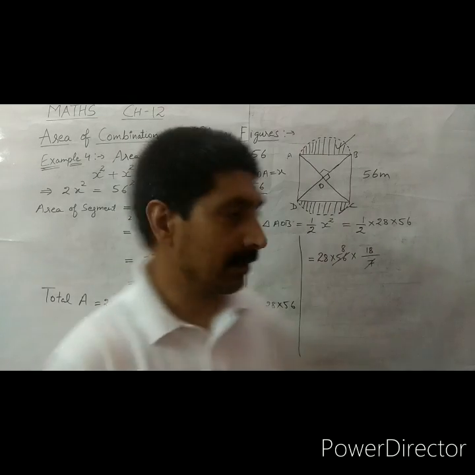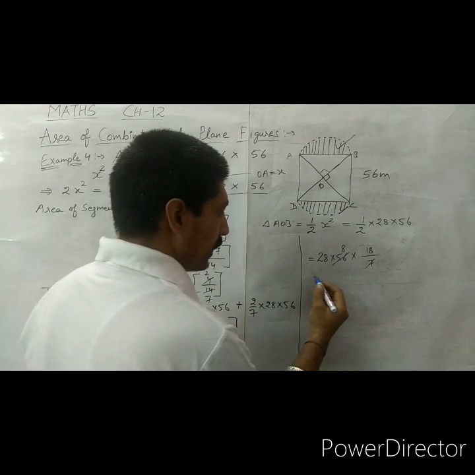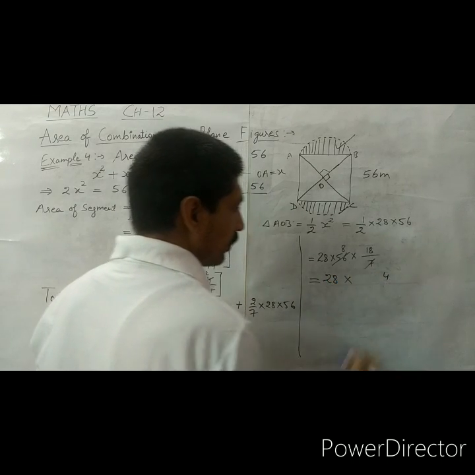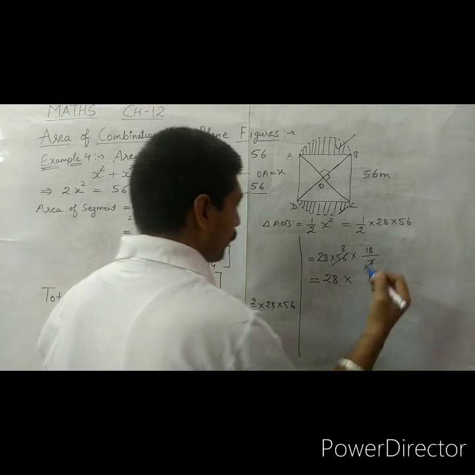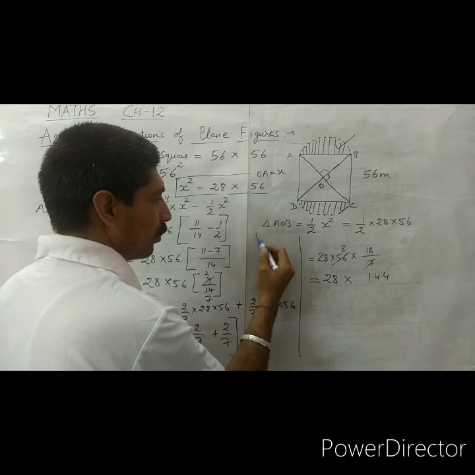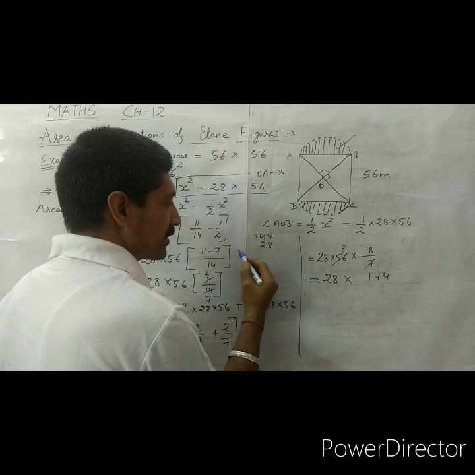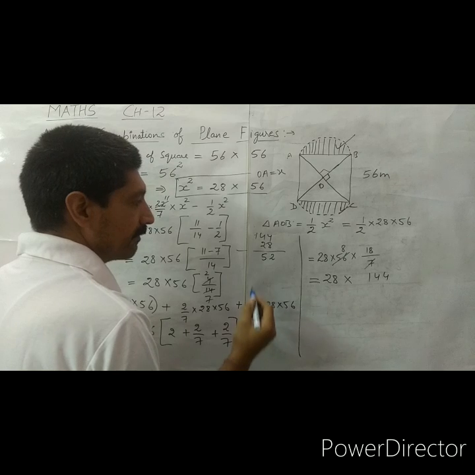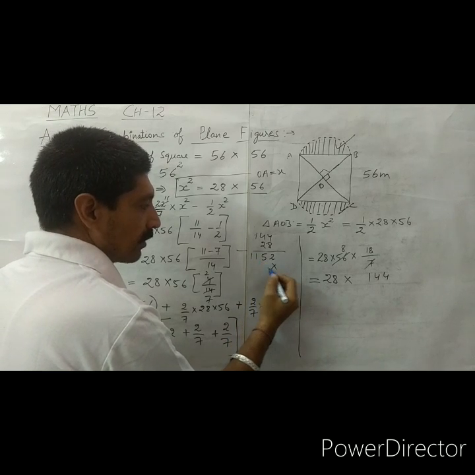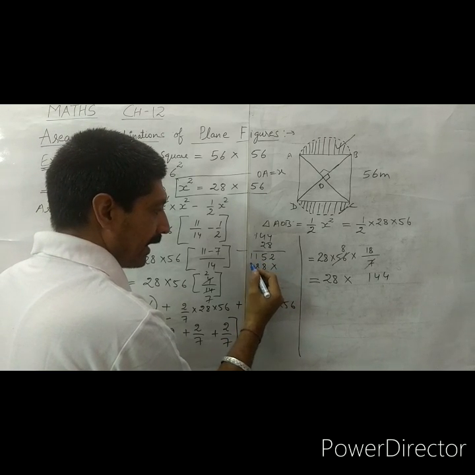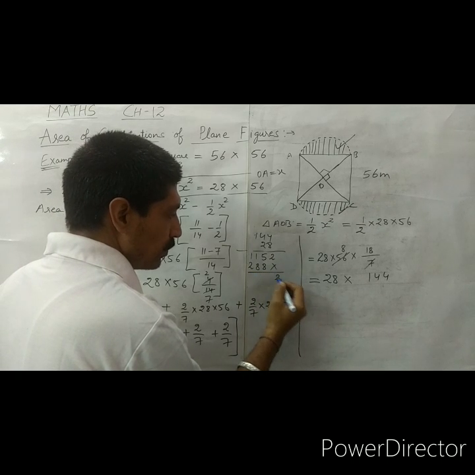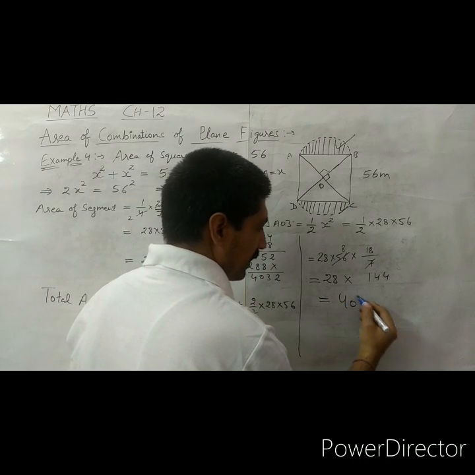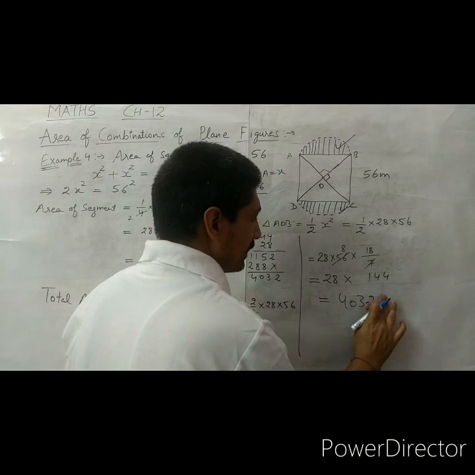So we have to go for the multiplication here, that is 28 into 8. 8 eights are 64, 8 ones are 8, 144. So the last calculation is 144 into 28, which gives 4032.